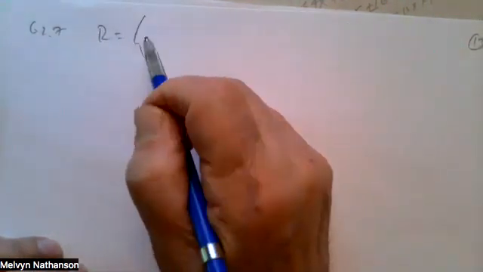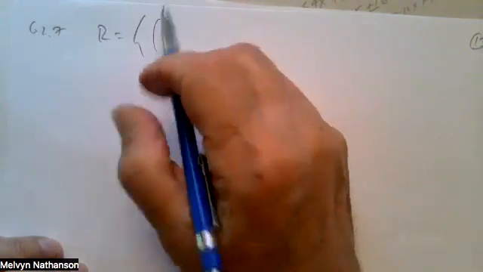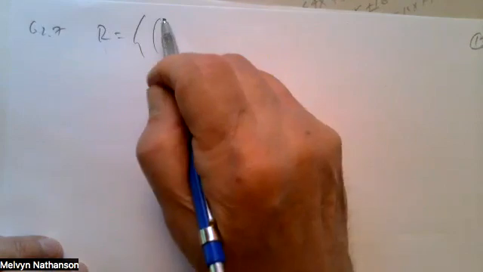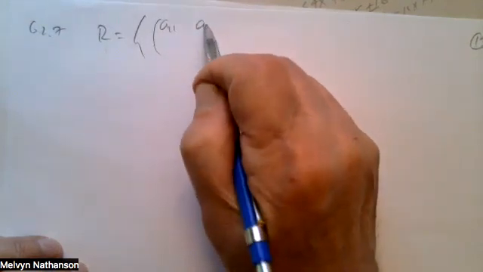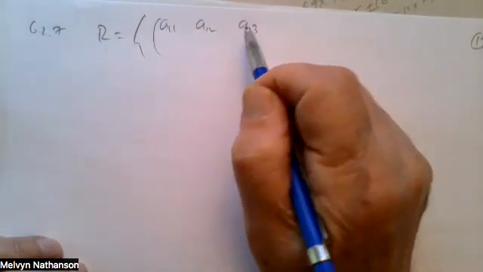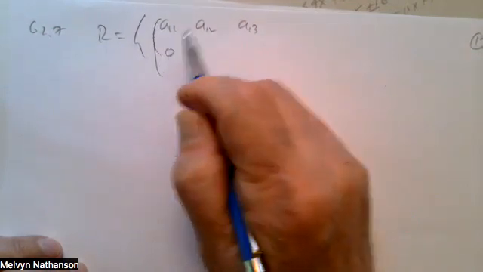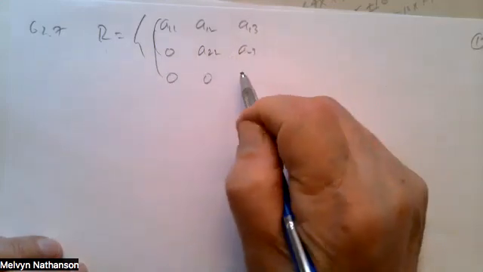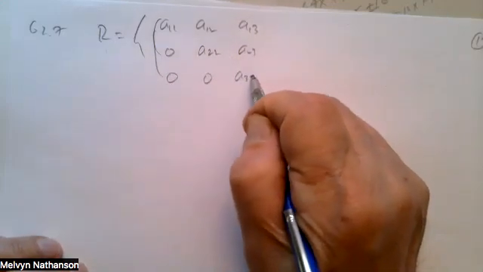Let's look at another example. This is problem 6.2.7. Suppose R is the set of all 3 by 3 matrices that are upper triangular. That means, let's say this is A11, A12, A13, 0, A22, A23, 0, 0, A33.